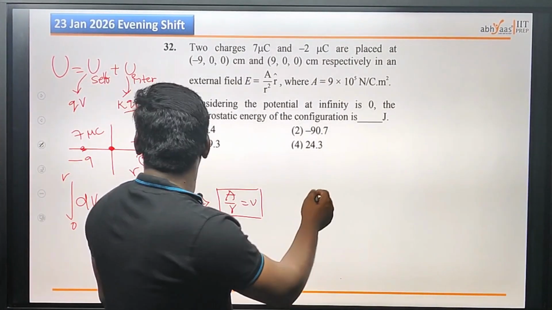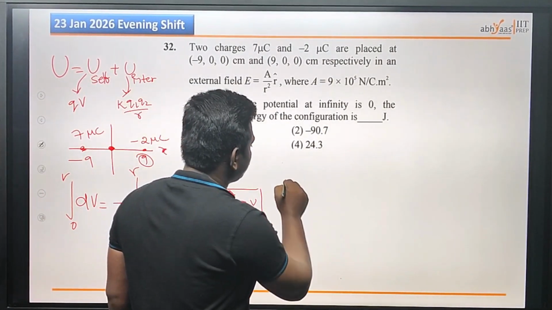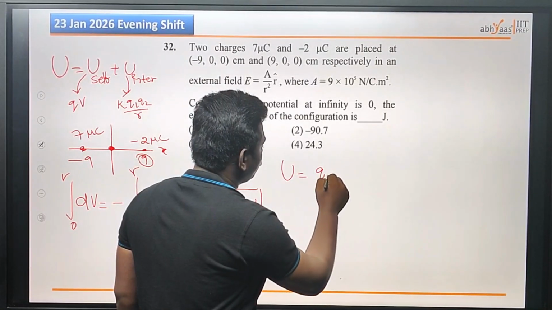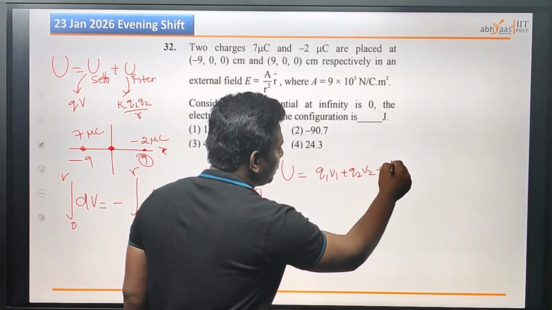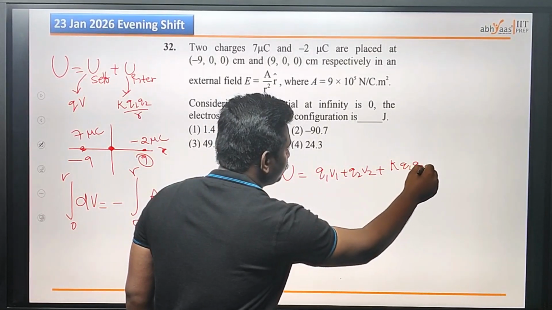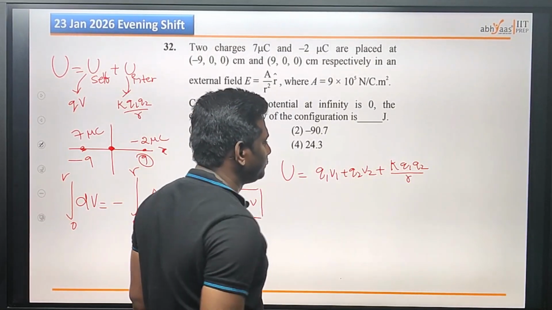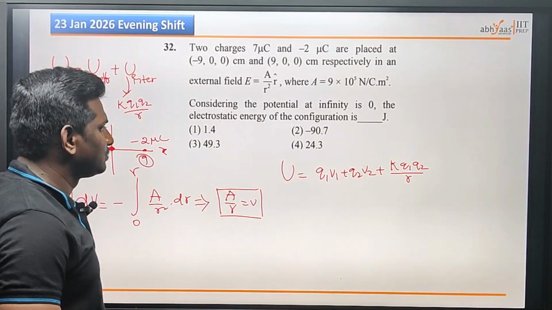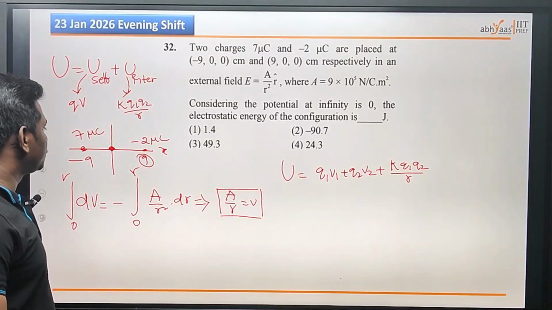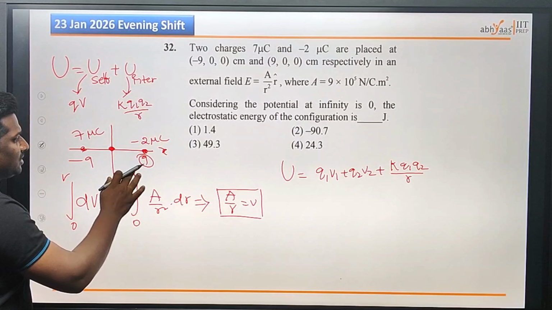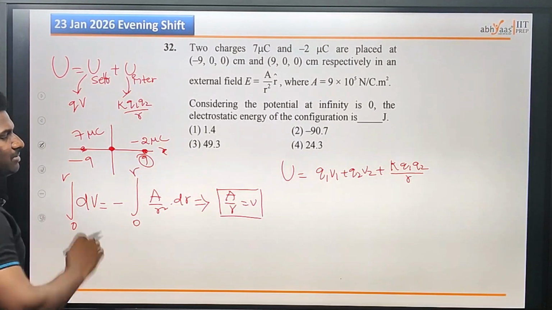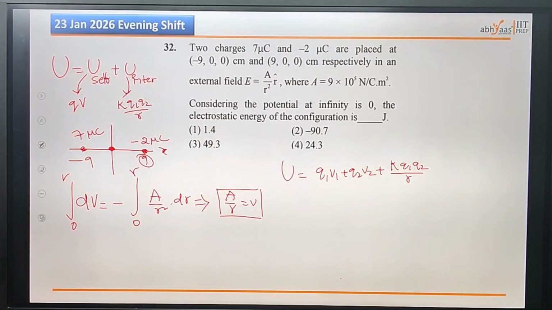I am writing here. U can be written as Q1 V1 plus Q2 V2 plus K Q1 Q2 by R. What is the total distance between these two charges? If this is R, R is nothing but 9 plus 9, so 2R.